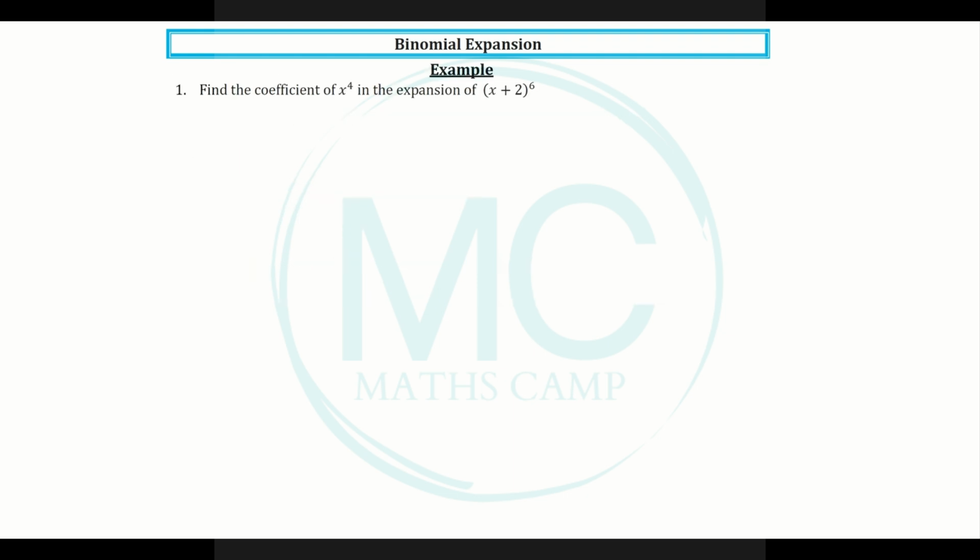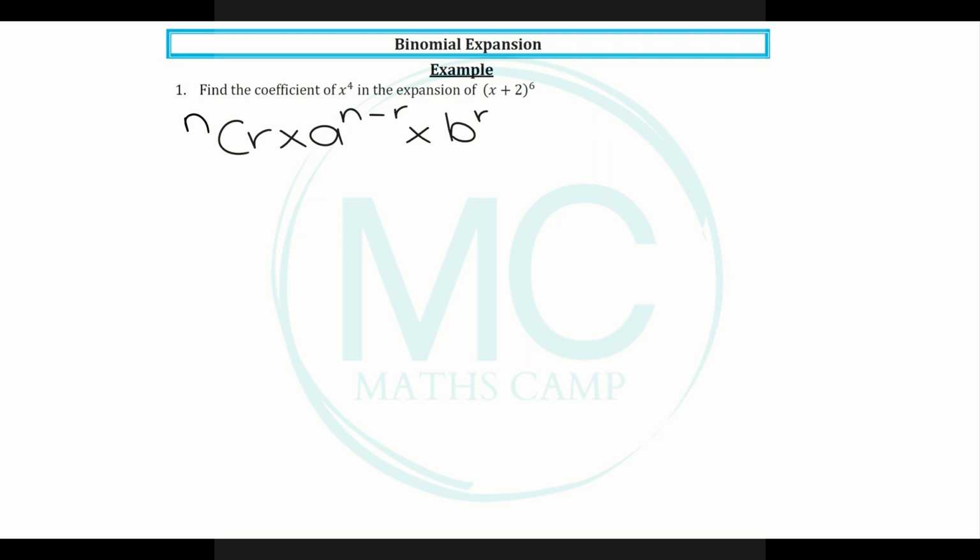Find the coefficient of x to the 4 in the expansion of the bracket x plus 2 with an exponent of 6. Let's start with our formula. We have nCr multiplied by a with an exponent of n minus r, multiplied by b with an exponent of r.